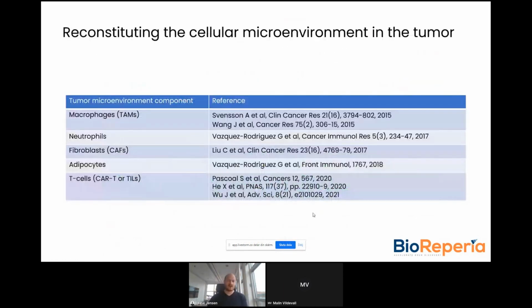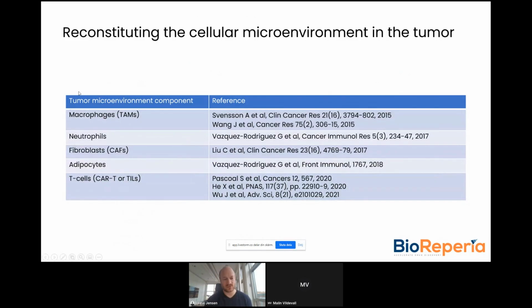When it comes to understanding the innate immunity and how it contributes to both the primary tumor development and metastasis, there's been a number of publications in the recent years on this topic, mixing tumor cells with macrophages, neutrophils, fibroblasts, adipocytes, but also with T cells, and I will expand a little bit on this later on.